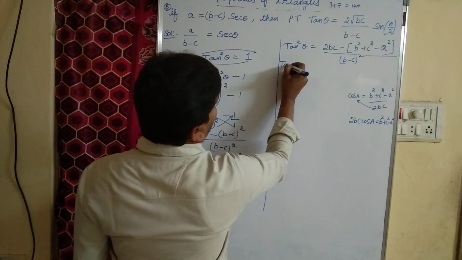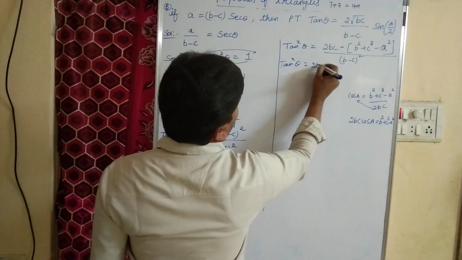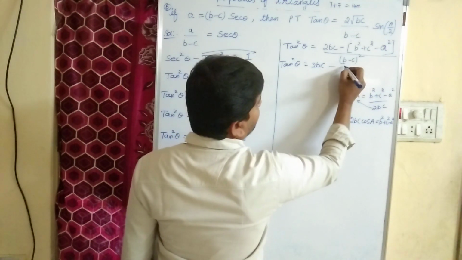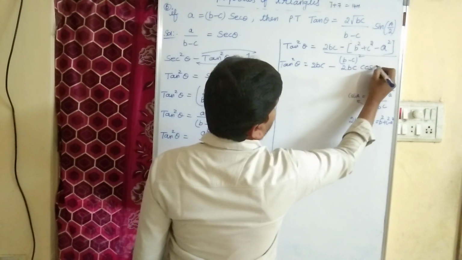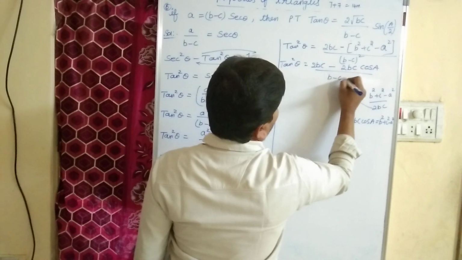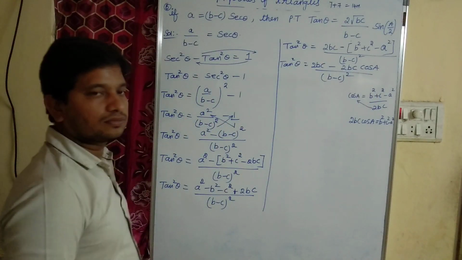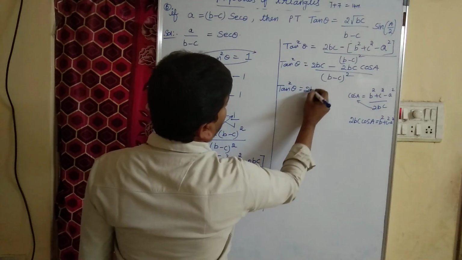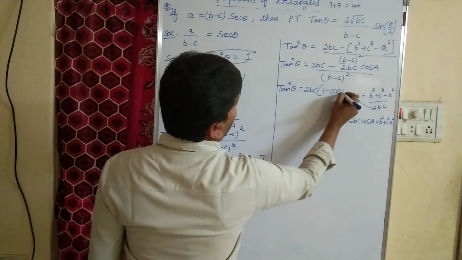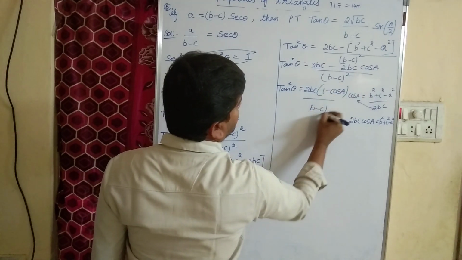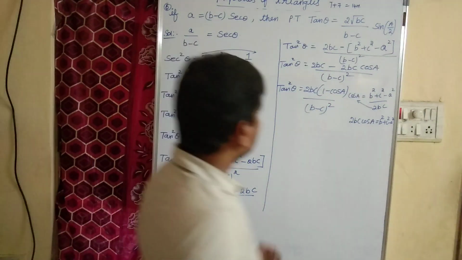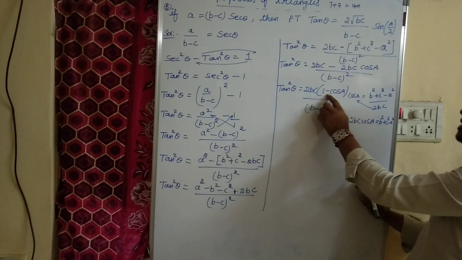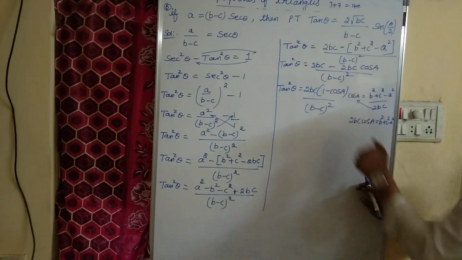So tan²θ = 2bc − (b² + c² − a²), and that is 2bc cos A, over (b − c)². So tan²θ, taking 2bc common, is 2bc(1 − cos A)/(b − c)².